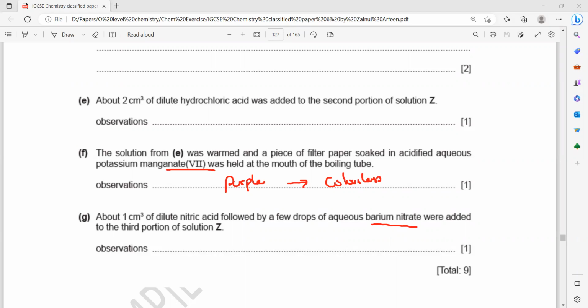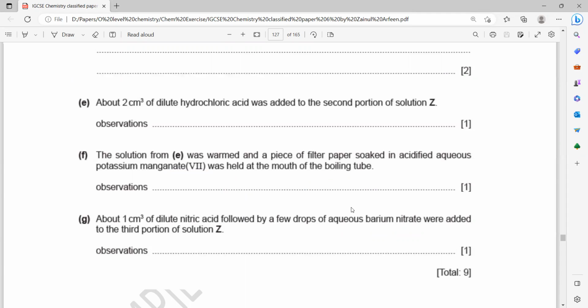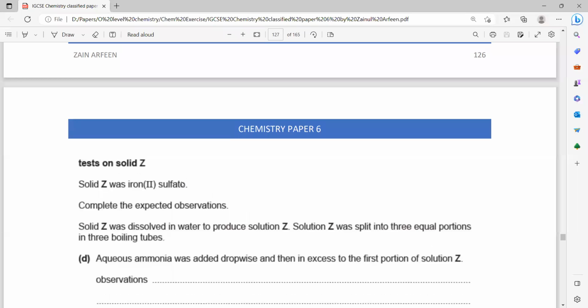They both have the capability to form a white precipitate. But we confirm by the other test of potassium manganate(VII). So here, dilute nitric acid followed by a few drops of barium nitrate combines with the sulfate ion.